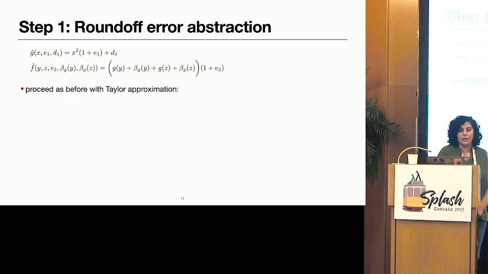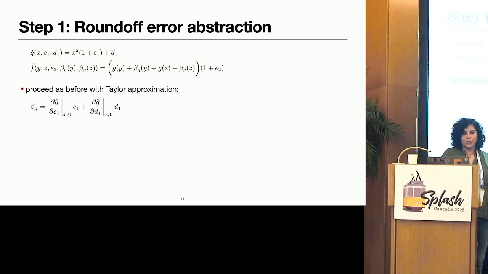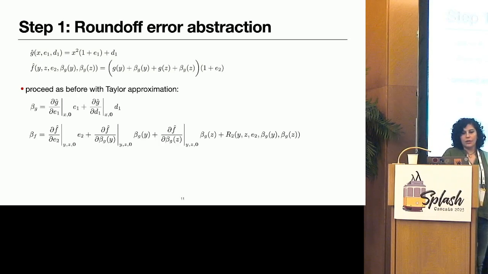So again, we proceed as before, applying the Taylor expansion for G as before. And for f, we treat the beta of G's similarly to the e's and the d's as symbolic variables. So we would have first order derivatives with respect to the betas.